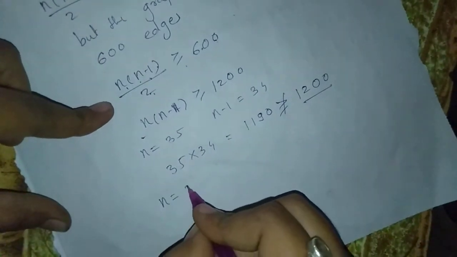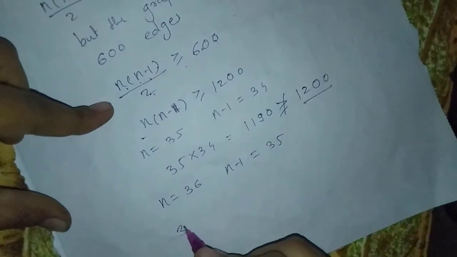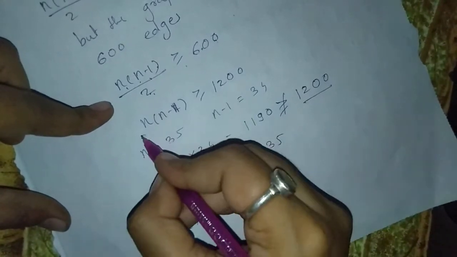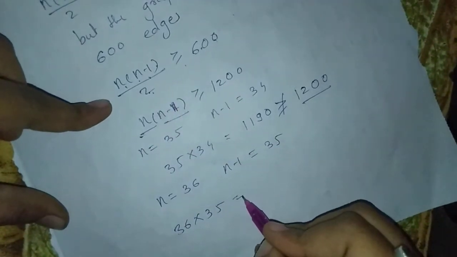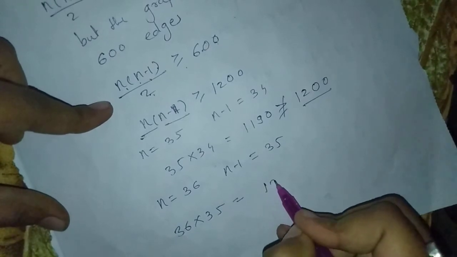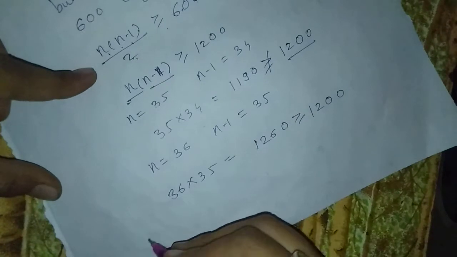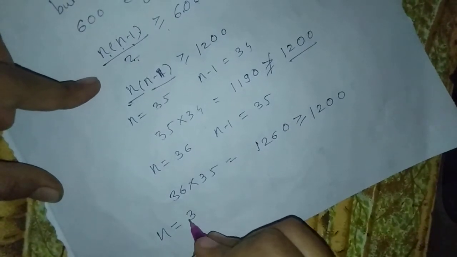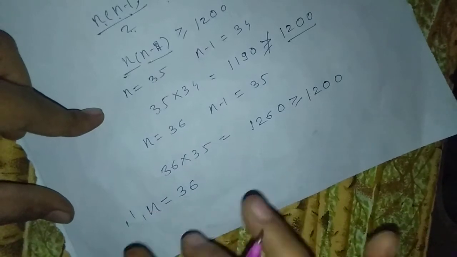So if we put n is equal to 36, n minus 1 becomes 35. Here we put the values of n and n minus 1. We get 36 into 35 is equal to 1260, which is greater than or equal to 1200. So n must be 36. Therefore n is equal to 36.